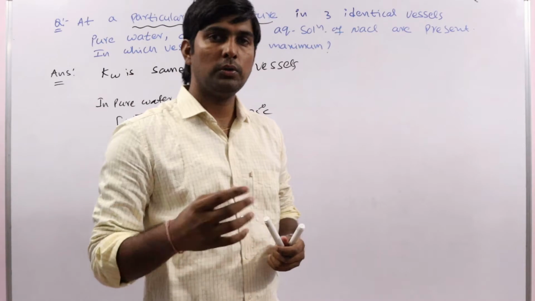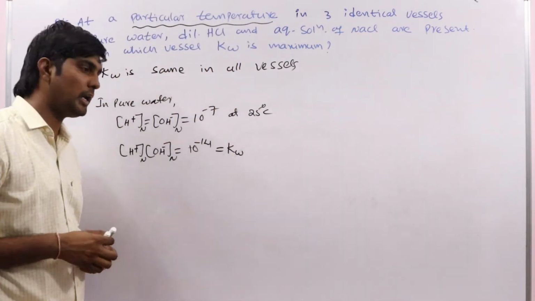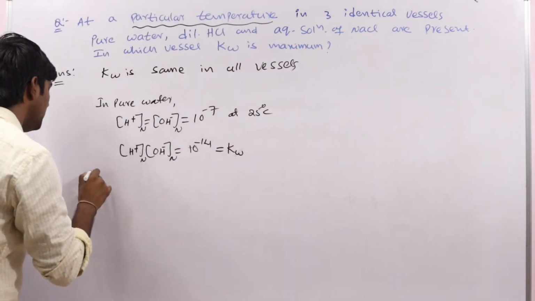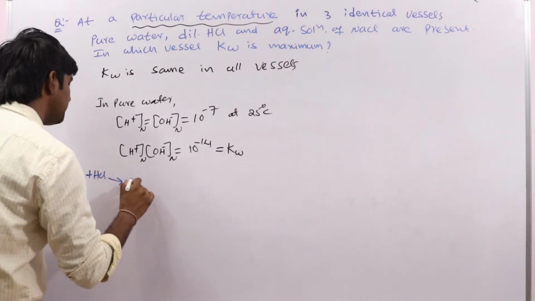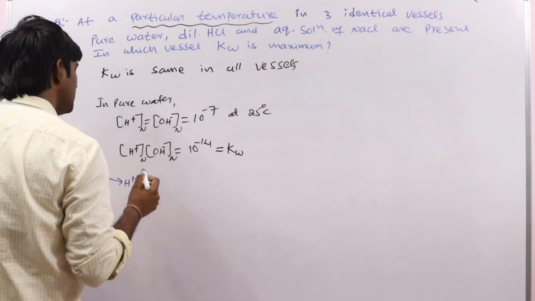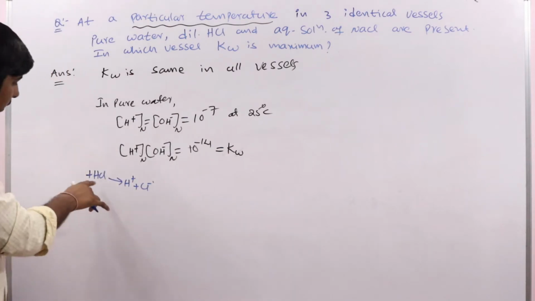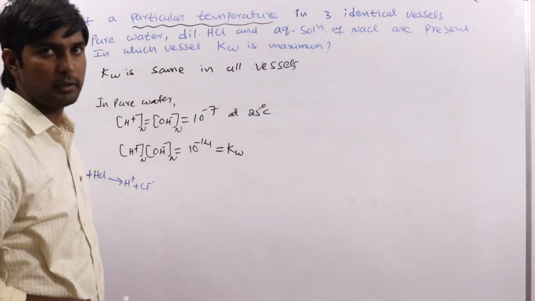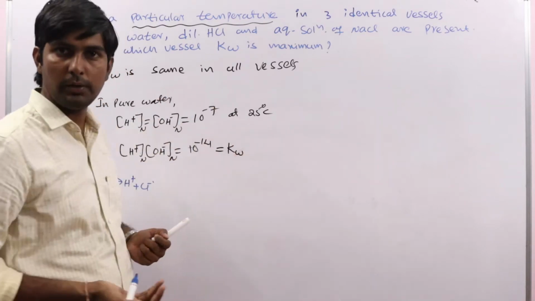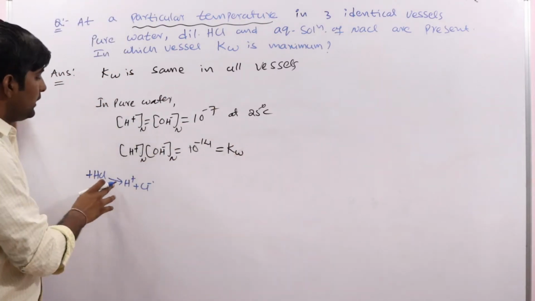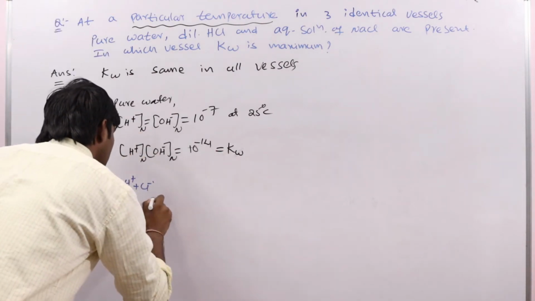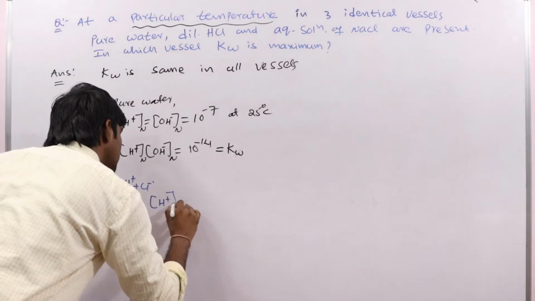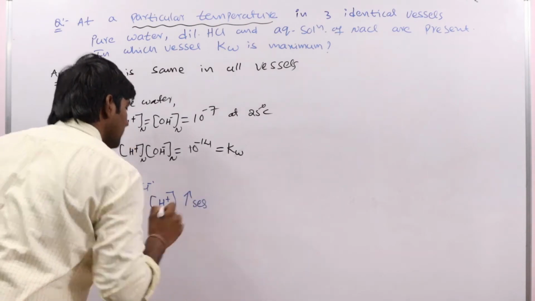Now suppose to pure water you add HCl, what happens? This releases H plus ions plus Cl minus ions, yes or no? So when HCl is added to the water, that is nothing but dilute HCl solution, the H plus ion concentration increases.